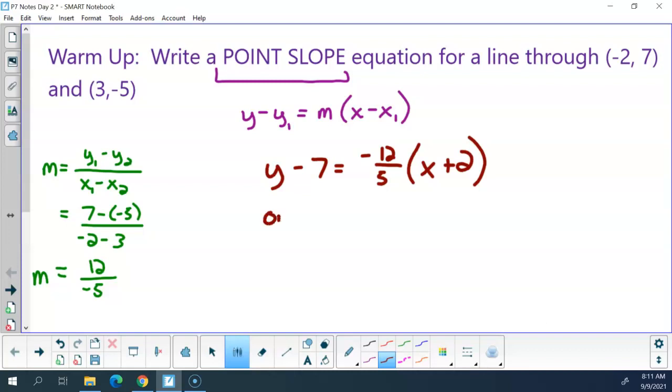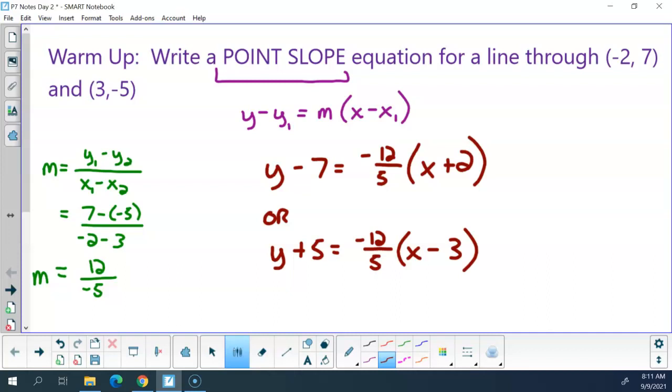Or y plus 5, so y minus negative 5 equals negative 12 fifths times x minus 3, if I use 3 comma negative 5. Either one of those would work. You would not have to give both of them, you'd have to give one of them. We would be responsible for the other one, or for both of them on our answer key if we needed it to be done.